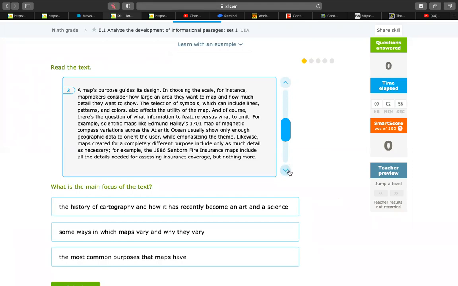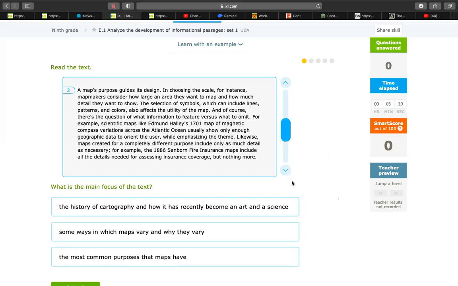For example, scientific maps like Edmund Halley's 1701 map of magnetic compass variations across the Atlantic Ocean usually show only enough geographic data to orient the user while emphasizing the theme.